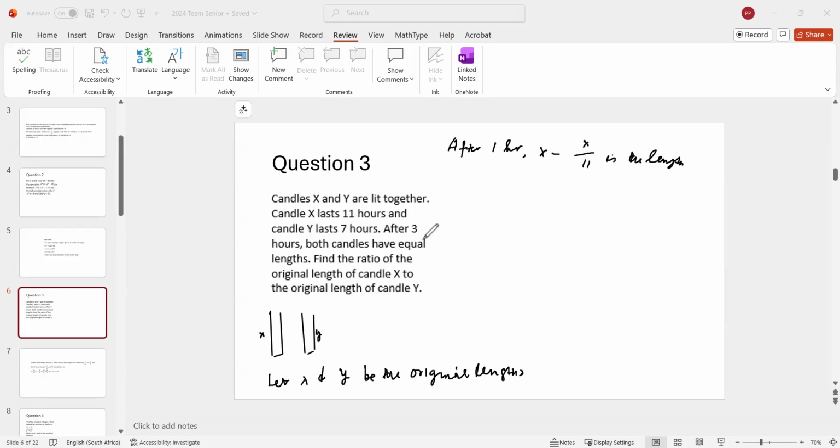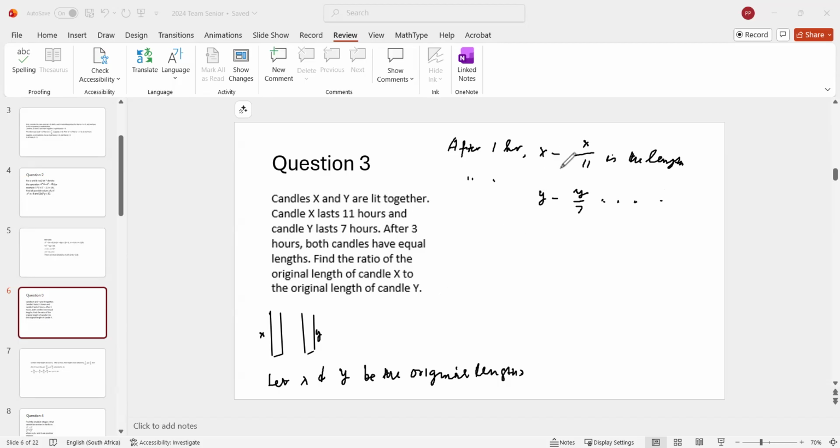And we can do the same thing for candle Y and say after 1 hour, it started off with y and it lasts for 7 hours. So y over 7 burns off in 1 hour, because in 7 hours the entire thing is burnt off. Therefore, after 1 hour, y minus y over 7 is the length of the candle. Now it says here that after 3 hours, both candles have equal lengths.